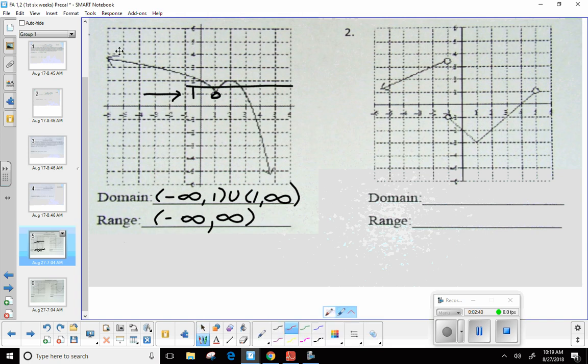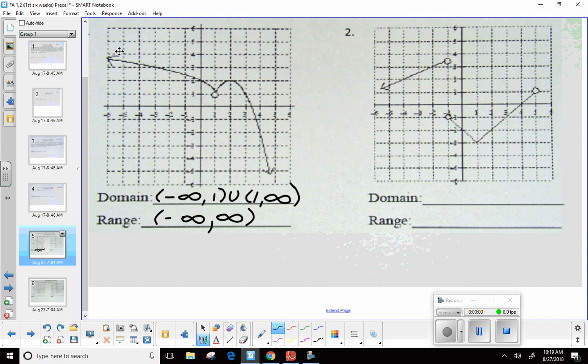So this point, the 1 isn't included here, but the 1 is included because of the overlap. So we can go all the way through. Very good.